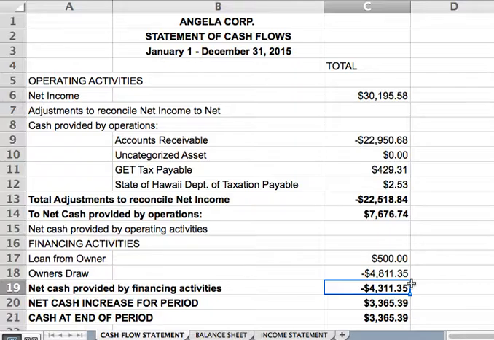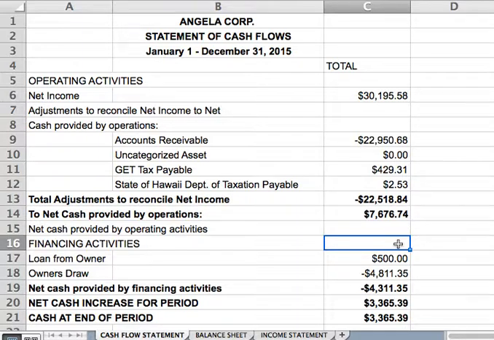The direct method shows all the cash receipts and all the cash payments from operating activities. Both these methods, indirect and direct, use different calculations, but the result is the same amount of net cash flow from operating activities.